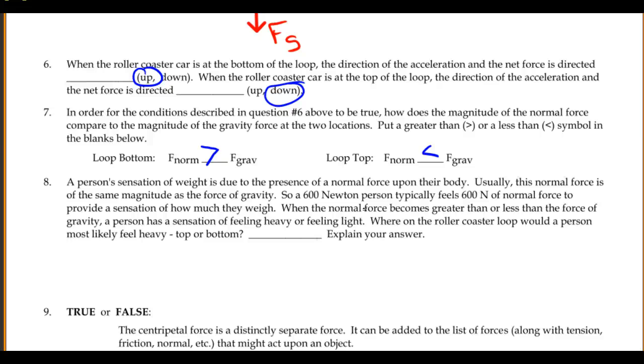When the normal force becomes less, you have the sensation that you feel less. So where would they feel most heavy? They would feel most heavy at the bottom, because the normal force is greater than the force of gravity. So not only would you feel the force of gravity, you'd also feel this increase from the normal force, so that you felt like you weighed more than you normally do.